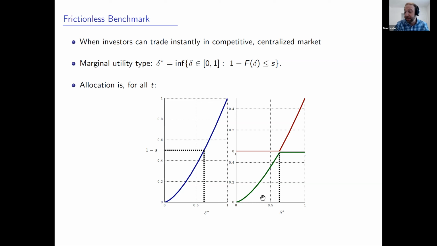All the non-owners are the utility types who don't own the asset, and all the owners start with that marginal type, and each one of them owns an asset. And Pierre told you that at all times in this dynamic but frictionless environment, the price was set by the marginal type, delta star, appropriately discounted. That frictionless benchmark is going to turn out to be helpful.